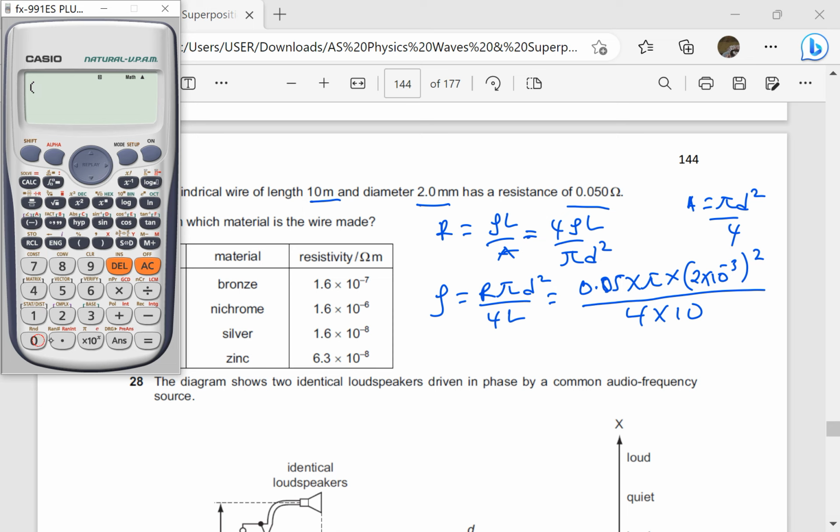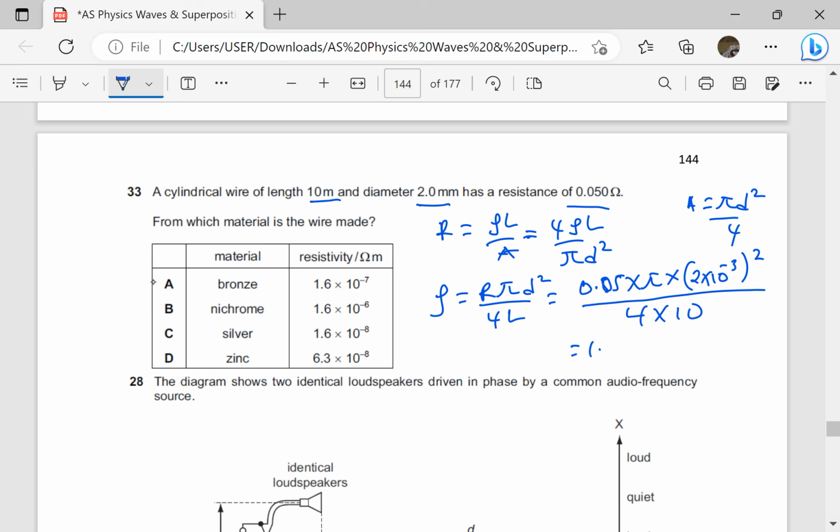So we have 0.05 times pi, then times 2 times 10 power negative 3 squared, then divided by 40. That's 1.6 times 10 power negative 8 ohm meters, and that is silver.